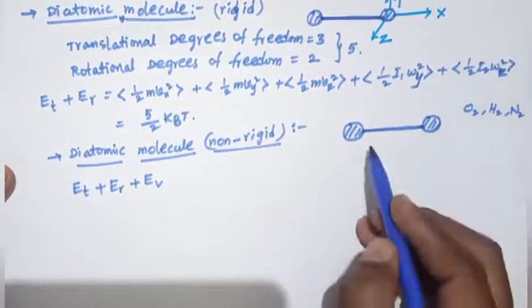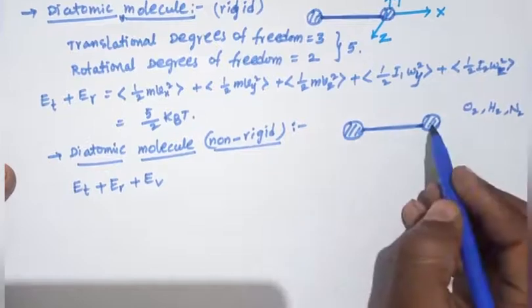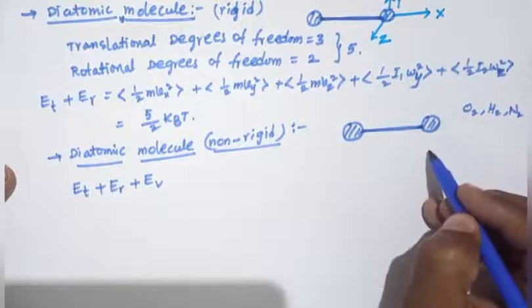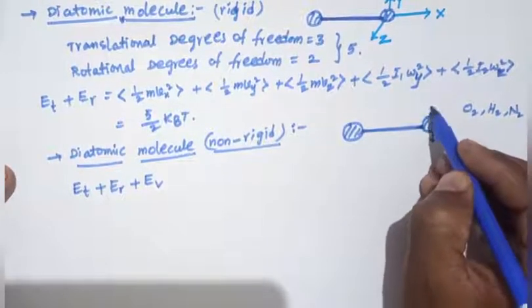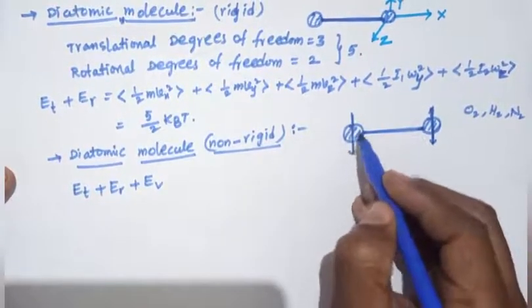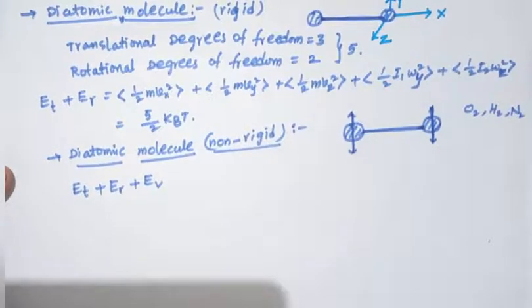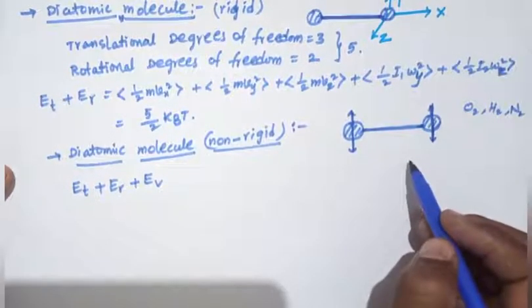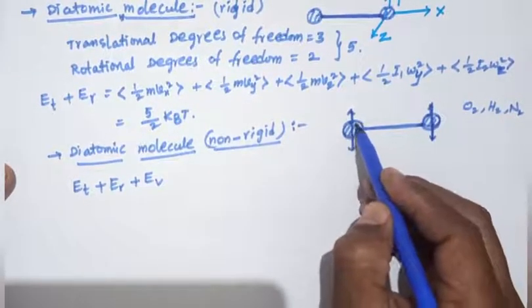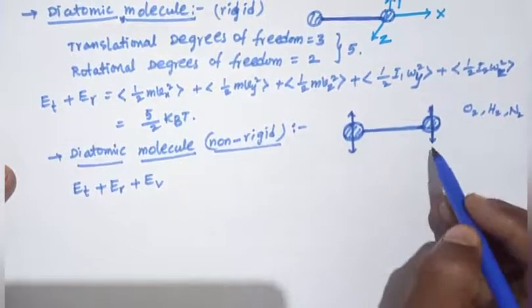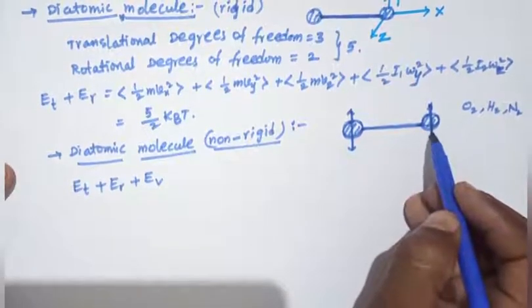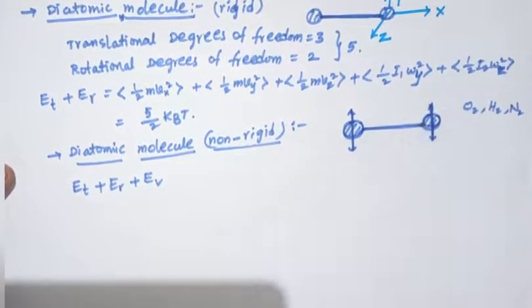But here we also consider vibration. It vibrates along the y direction, moving up and down, upward and downward. So it has vibrational motion. The two atoms move in the upward and downward directions, so it has kinetic energy and potential energy.